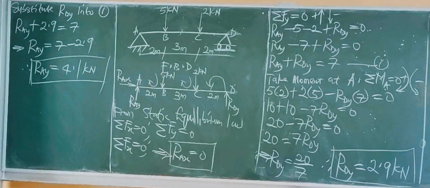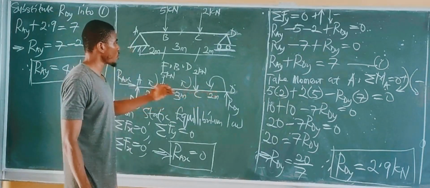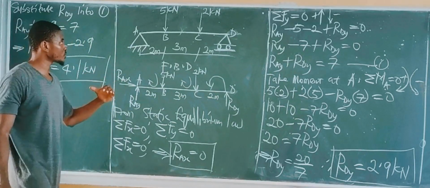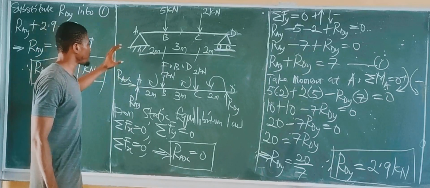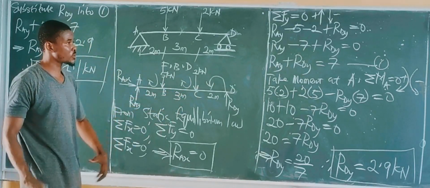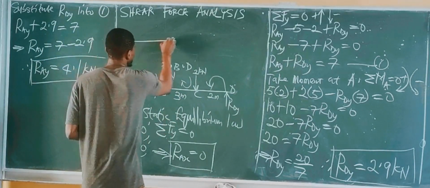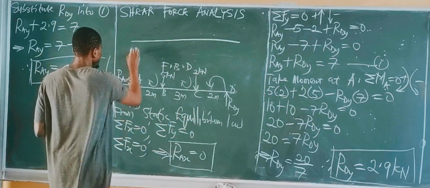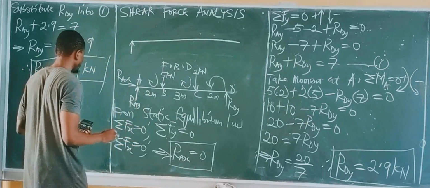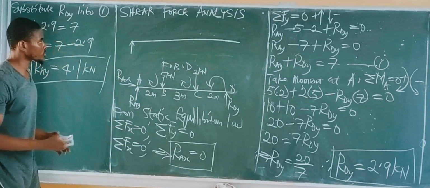Okay, so having known the values of the reactions at point A and reactions at point D, we can now start the shear force analysis. So what you do is this: to start the shear force analysis, you simply bring backwards the beam with its reactions.